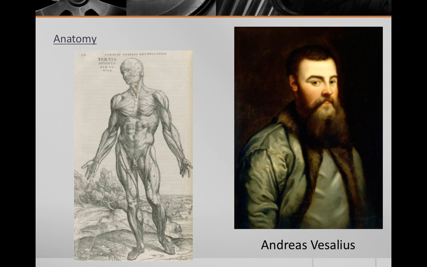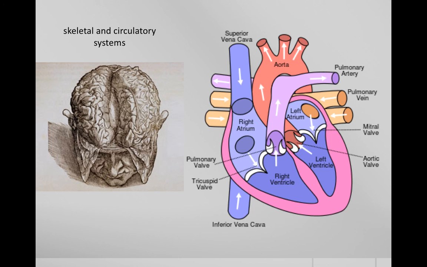And what we want to say about him is that Andreas Vesalius was the first to present detailed anatomical drawings of the human body, including the skeletal and circulatory systems.